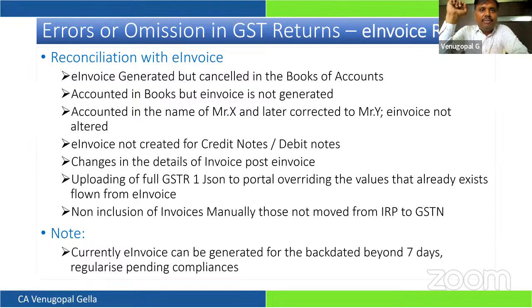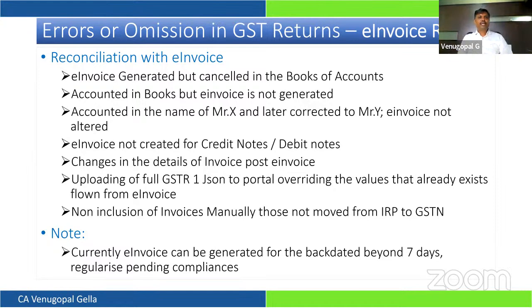We know that effective from this month, e-invoice is applicable for assessees whose turnover is more than 5 crores. Prior to e-invoice, I'm talking about before 1st October 2020, there was an e-way bill, and the data from the e-way bill was flowing into GSTR1. Today, the data from e-invoice flows into GSTR1.